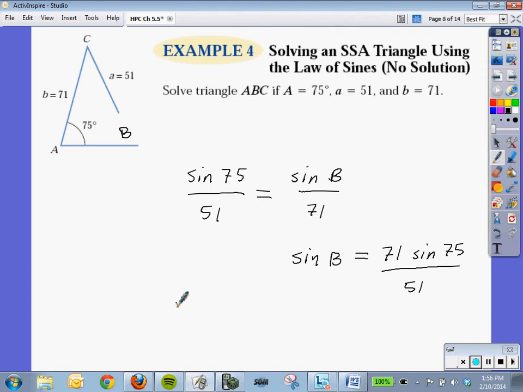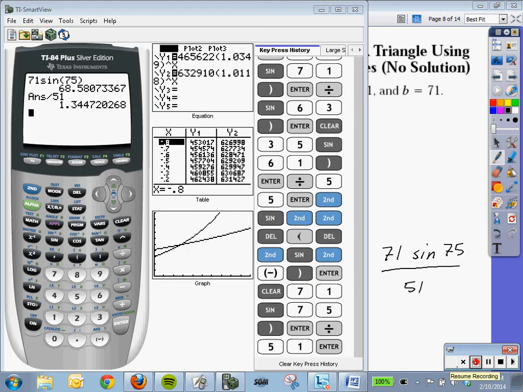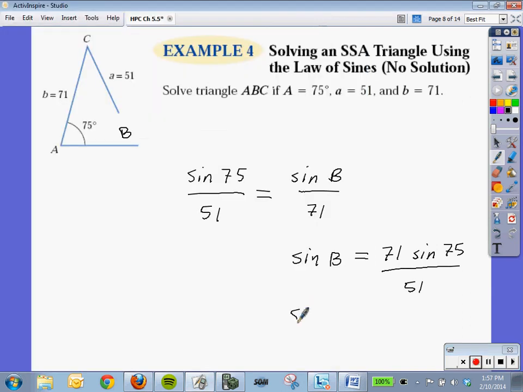So from here, let's figure out what 71 times the sine of 75 divided by 51 is equal to. So I found that the sine of B is equal to 1.344.